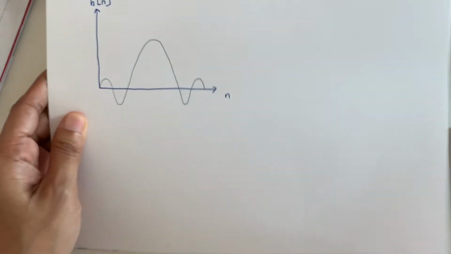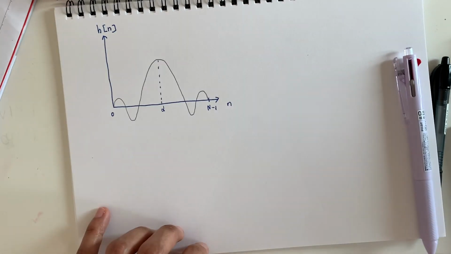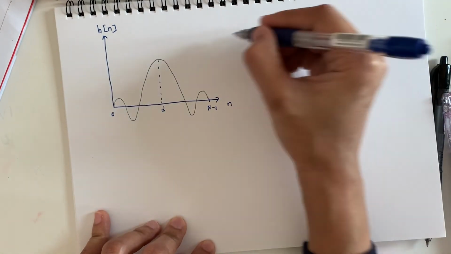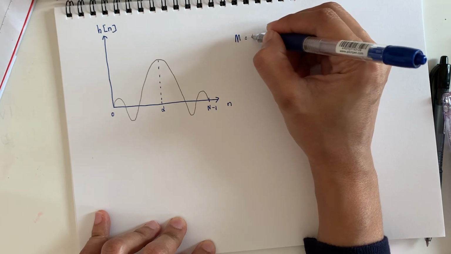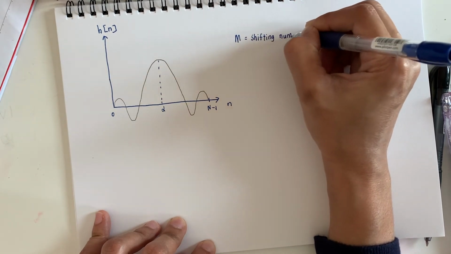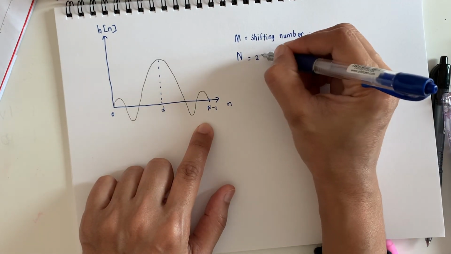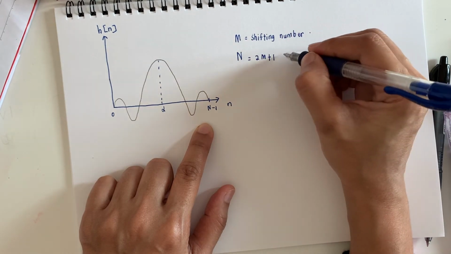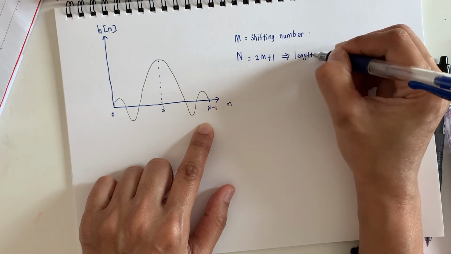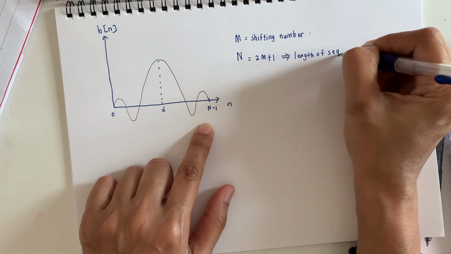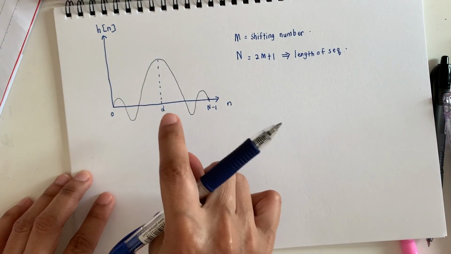So m is the shifting number. If you look here, we have N. That's why in the formula sheet we have 2M plus 1, where capital N is the length of the sequence. This is in time domain.